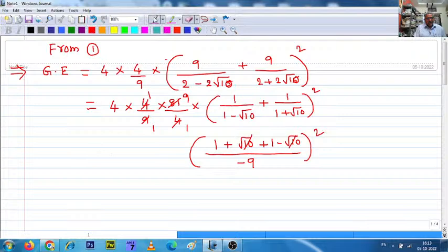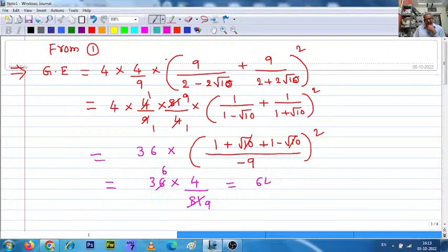So this is equal to, we have 9 into 4, 36. So 36 multiplied with 2 plus 2 4 by 81. Okay, 9 9s are 81, 9 6s, 64 by 9. Okay, now the 64 is divided by 9.